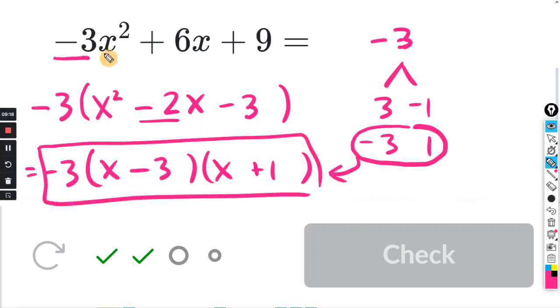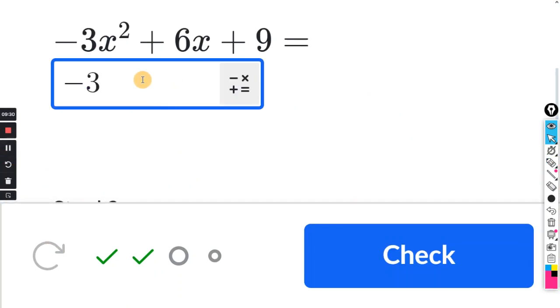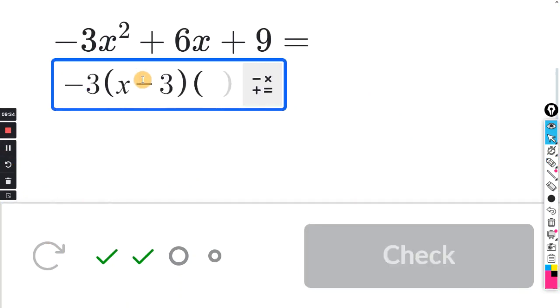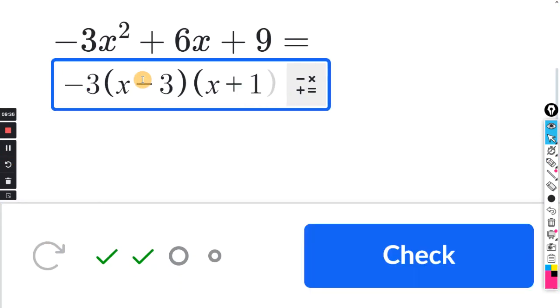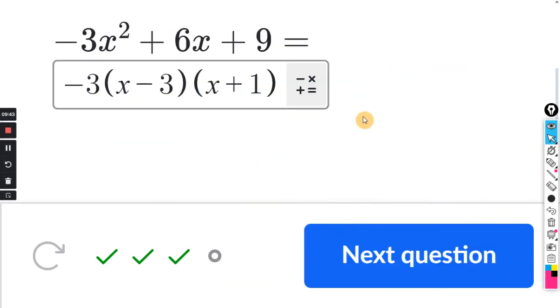All right, so if the term in front of x squared is negative, make sure you keep that negative when you factor out the coefficient. All right, negative 3, parentheses, x minus 3, parentheses, parentheses, x plus 1, close parentheses. All right, make sure you close them. And that's basically it.